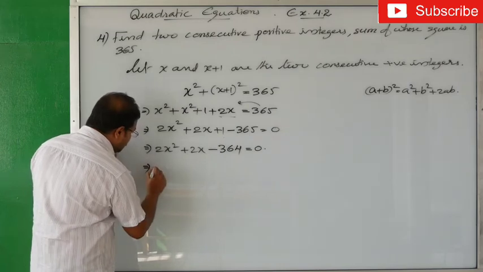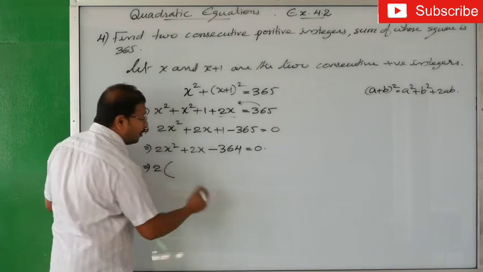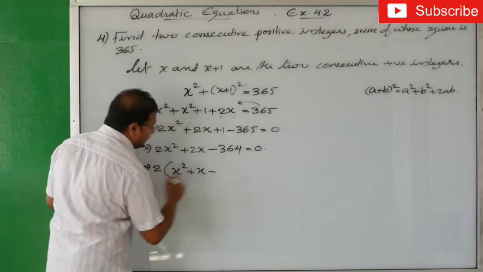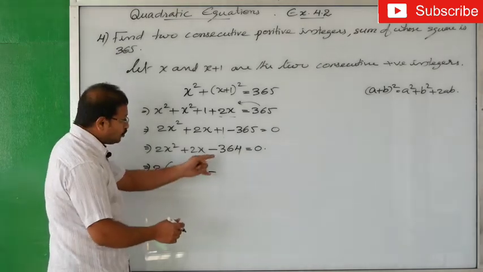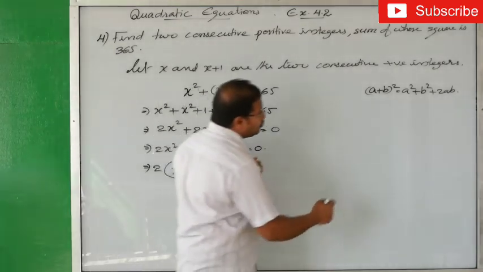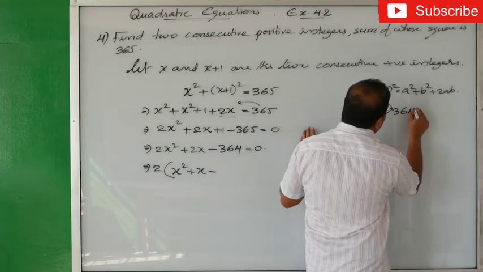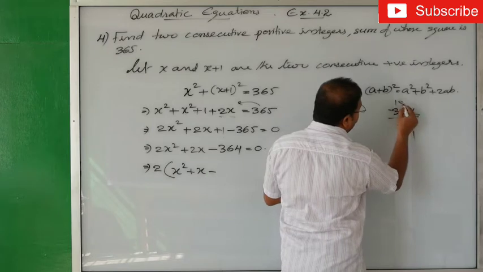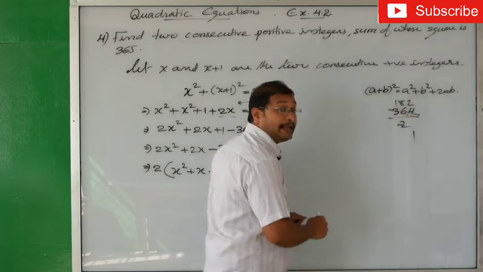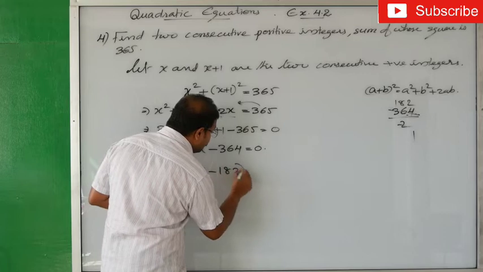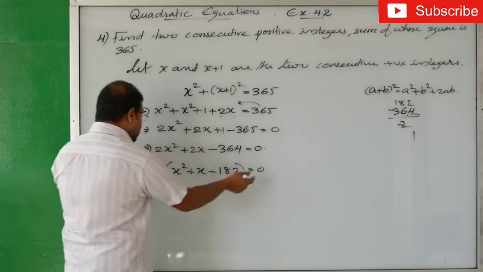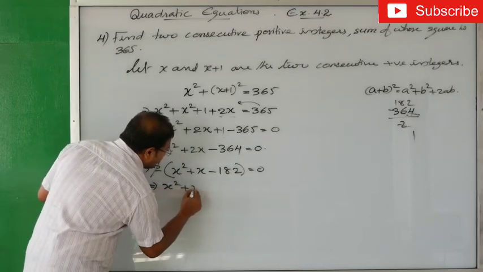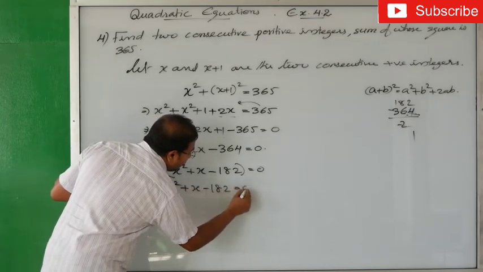This implies 2 into, I am taking 2 common from all, x square plus x minus, see, 364, if I take 2 outside, what will happen? 364 divided by 2 is 182, equals 0. Since the other side is 0, the 2 will cancel. This implies x square plus x minus 182 equal to 0.